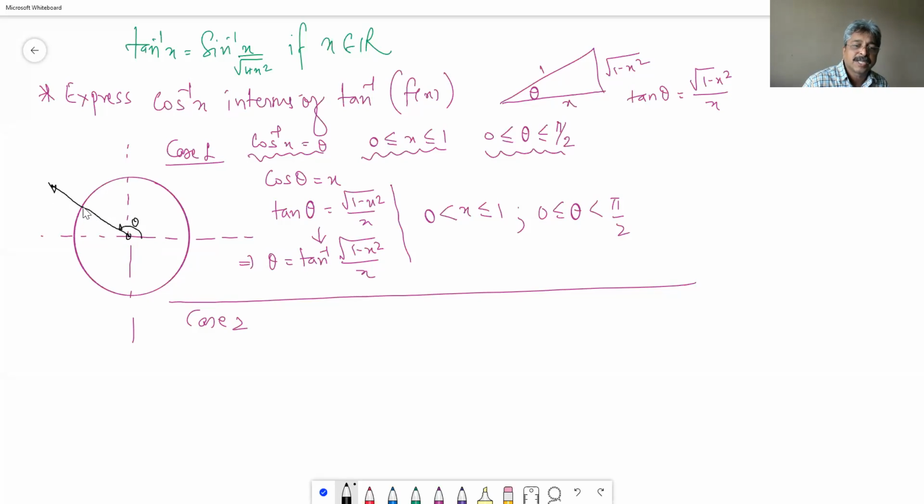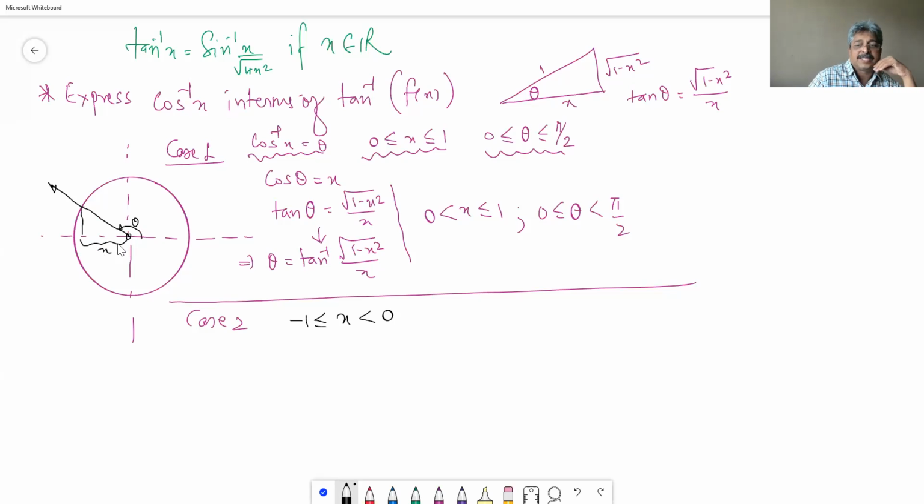So what is its corresponding x value? The corresponding x value is this, which is negatively signed. Therefore, we are talking about the case when minus 1 is less than equal to x is strictly less than 0. So x is here, right?